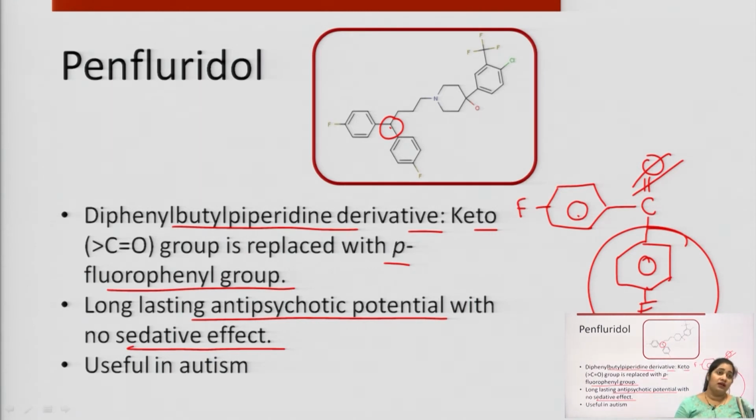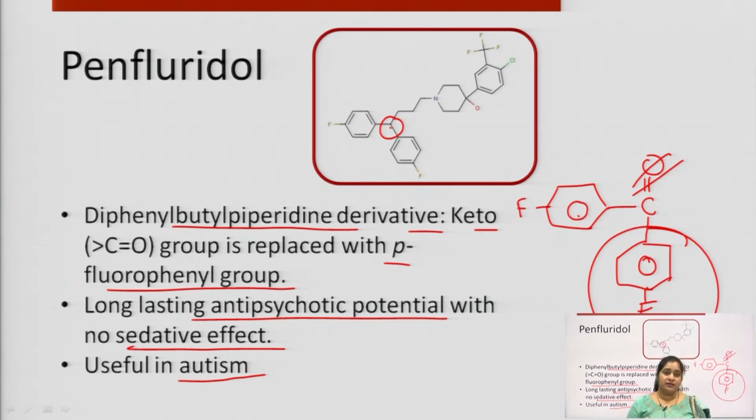This is the drug that is very useful in autism. Autism is a mental disorder, rather a genetic disorder, characterized by social hindrance, and it is detected at a very young age in children. They have a tendency to be socially inactive, not as socially interactive as normal children.